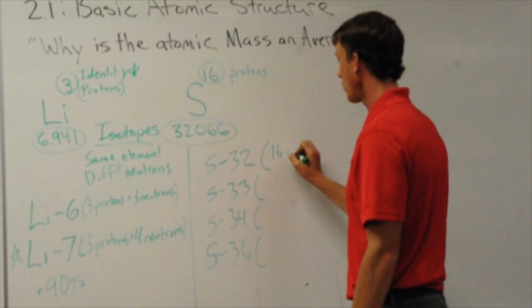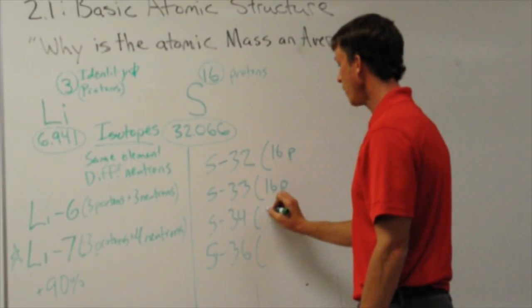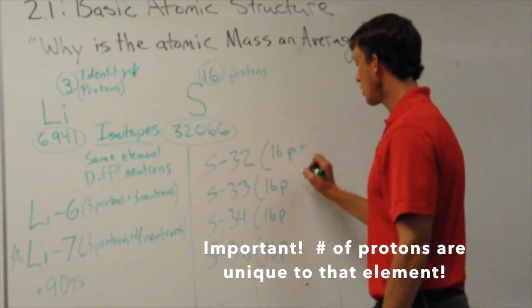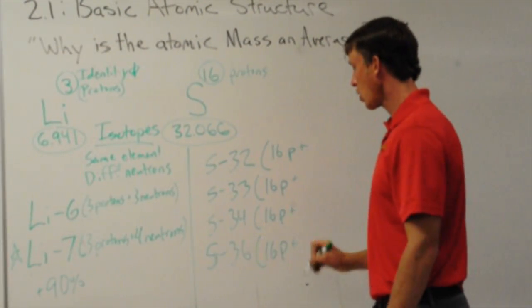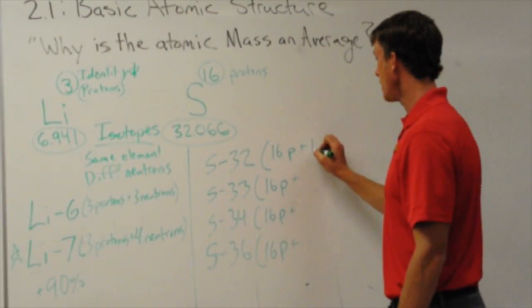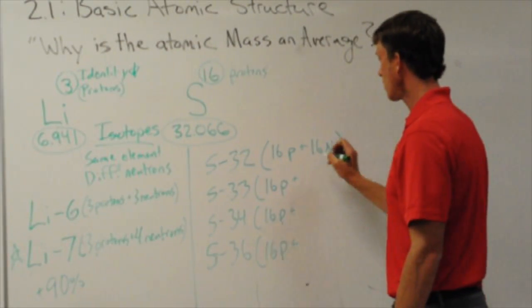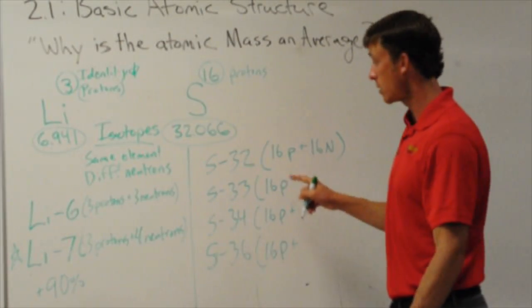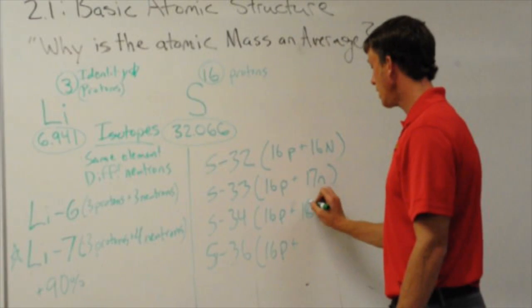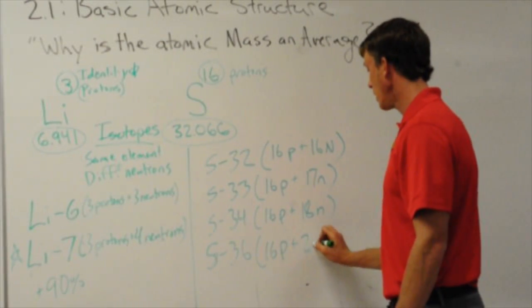So I have 16 protons for each one of these, because otherwise I change the element. Then I just do the rest of the math to find my neutrons. So 16 plus what equals 32? That would be 16 neutrons. So 16 plus 16 is 32. Over here I would have 17 neutrons, and then 18 neutrons, and then 20 neutrons.